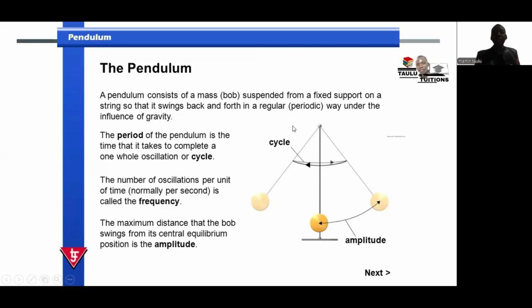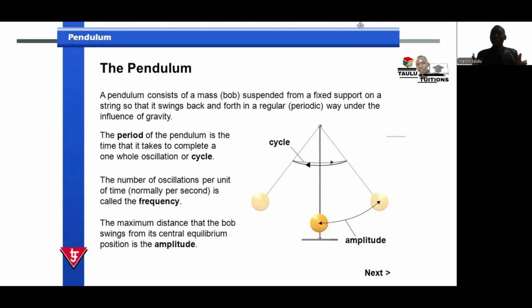So the pendulum consists of a mass and a bulb suspended from a fixed support on a string so that it swings back and forth in a regular periodic way under the influence of gravity. That is what this instrument is all about. The period of a pendulum is the time that it takes to complete one whole oscillation or one cycle.